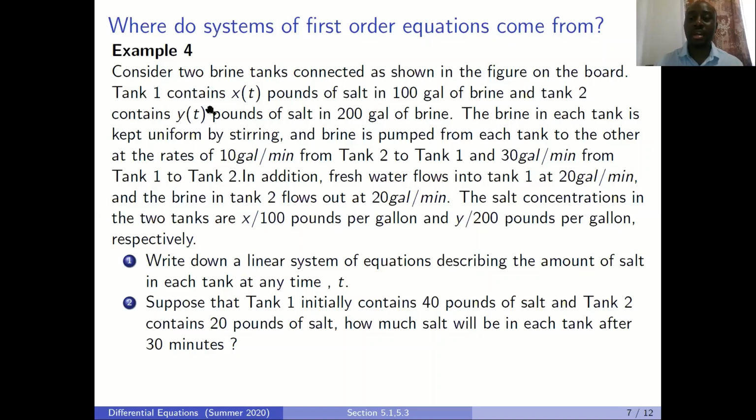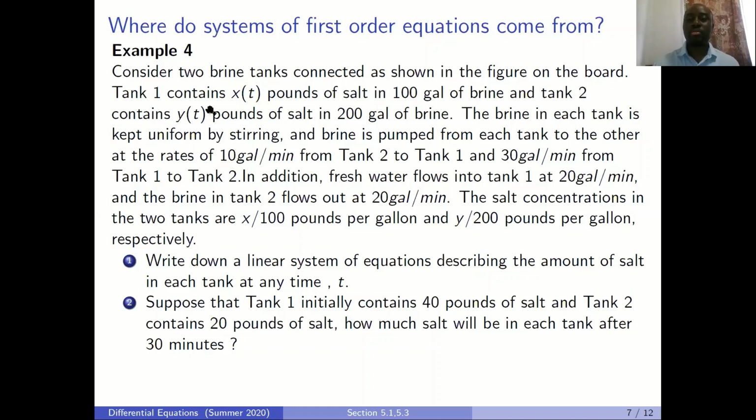Connect these tanks together, and then we can think about how the amount of salt changes in, let's say, two tanks or three tanks over time, where these tanks are actually exchanging material. It turns out that when you have two tanks, the equations that describe the amount of salt in each tank over time are a system of two linear equations. If you have three tanks, you get a system of three linear equations. So you can imagine a very complicated arrangement of tanks giving you an nth order system of differential equations.